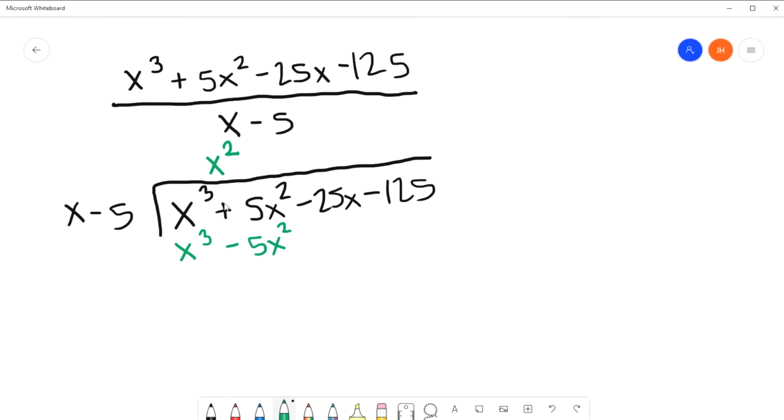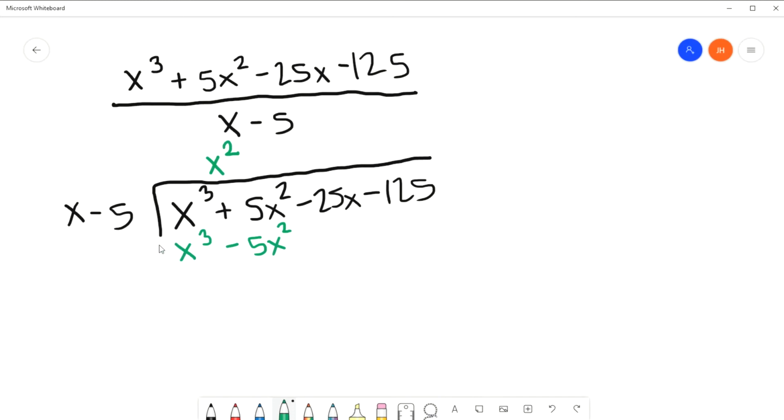So what I'm doing is recognizing that in my solution, having this x squared is going to be the equivalent, when it's multiplying with x minus 5, of x cubed and negative 5x squared. So I have x cubed and negative 5x squared covered.